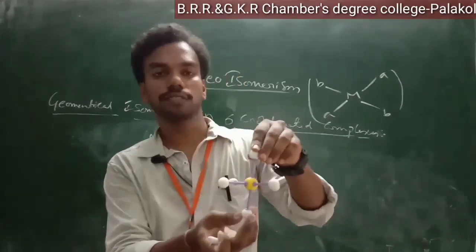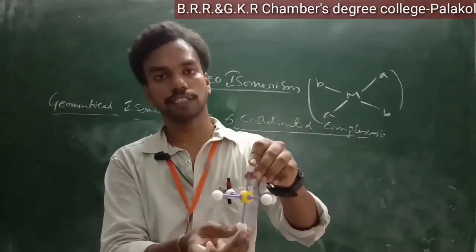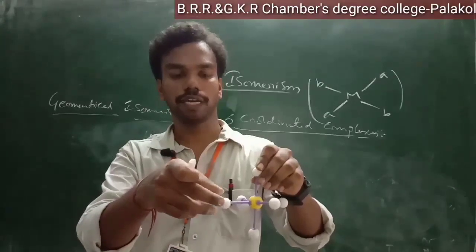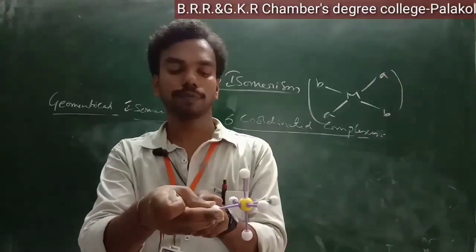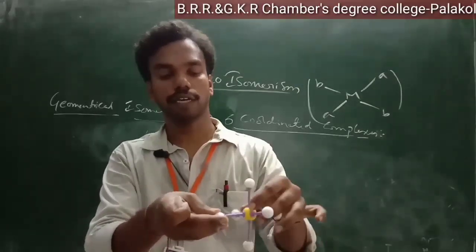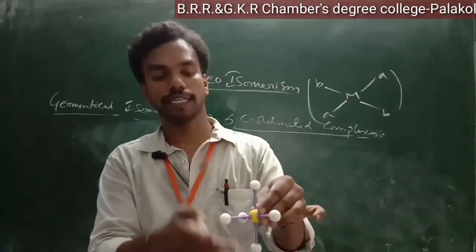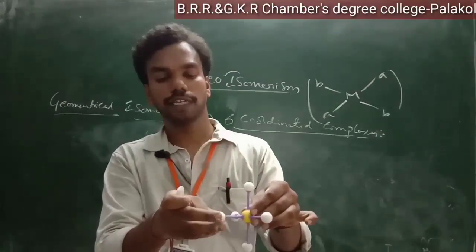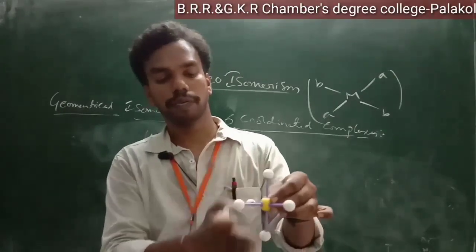Here 1, 6 is trans. Let's see another. For example, this is 1. With respect to this ligand, these 4 ligands are cis to each other. This is a square plane.